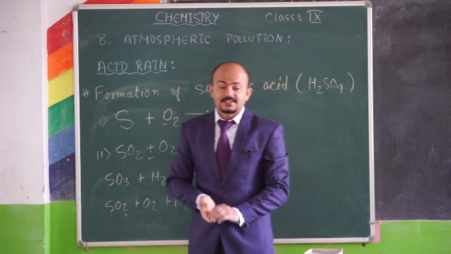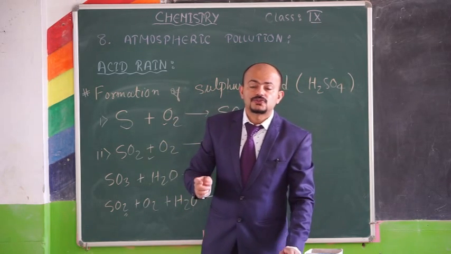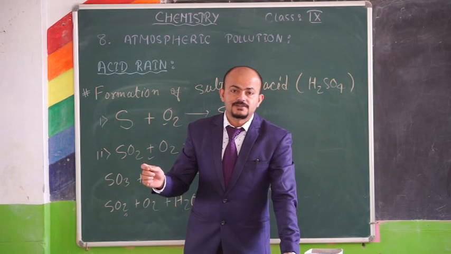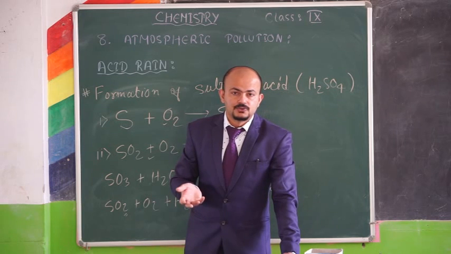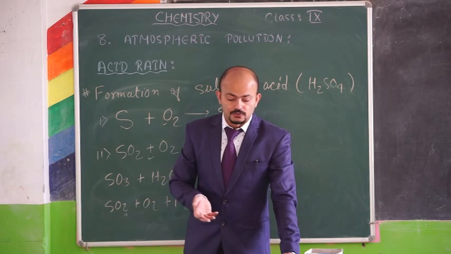Now, the next is that acid rain also causes corrosion of metals. The metals get corroded because of acid rain. And we know acid rain has a harmful effect on humans too.